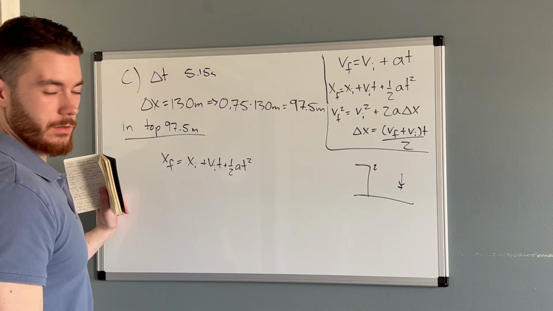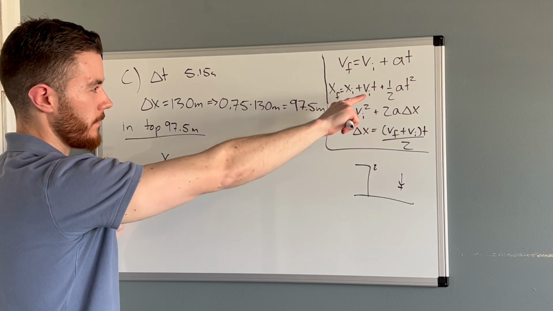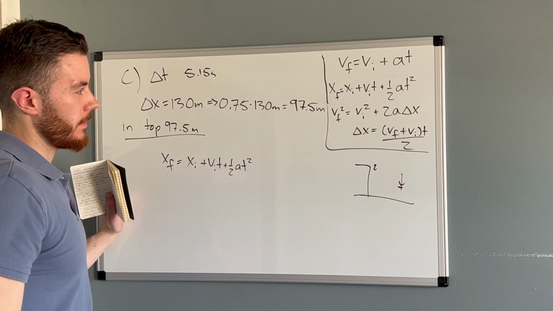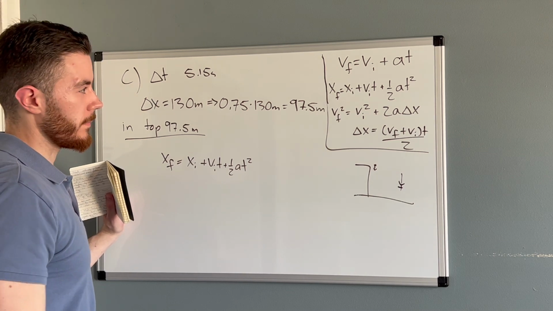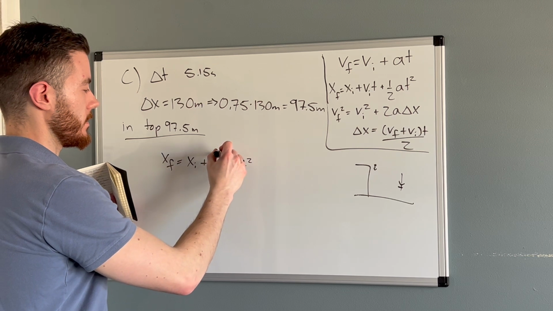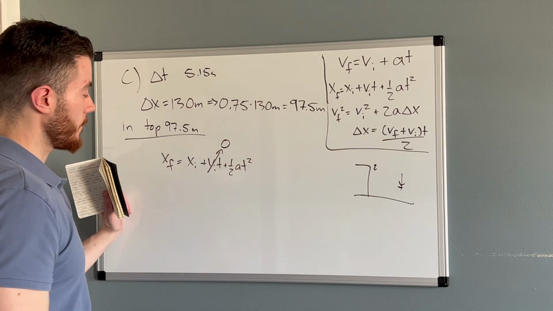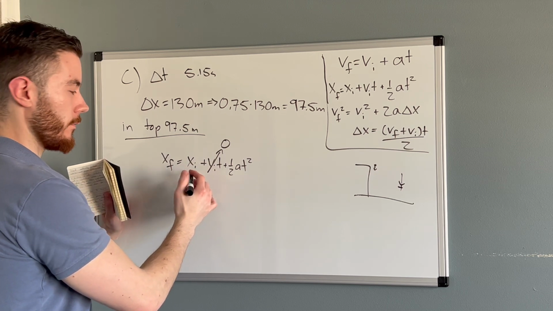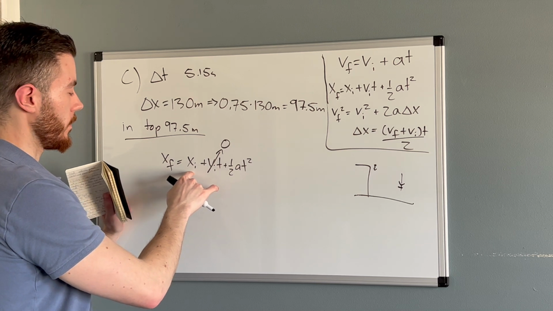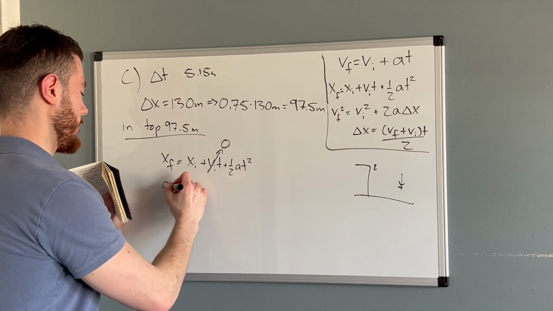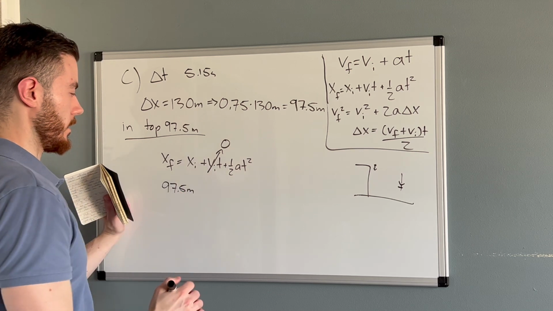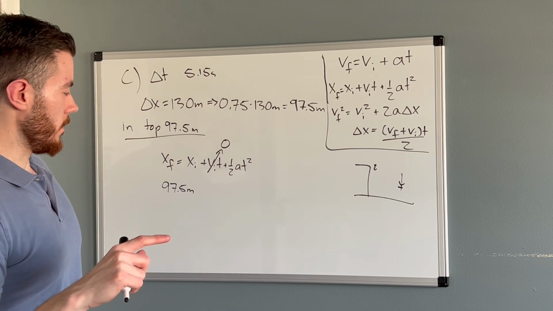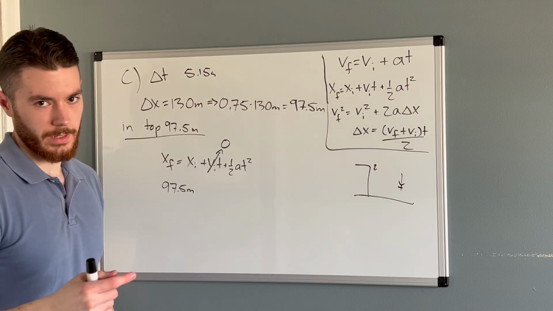On first glance, it doesn't look good to use the second one because it looks like we'll need to solve the quadratic equation to get t, but since it's the top 97.5 meters, the initial velocity is 0 because he drops it from rest, and xf minus xi, if we subtract the initial position from both sides, is 97.5 meters, because that's the displacement over which we are concerned about the time.